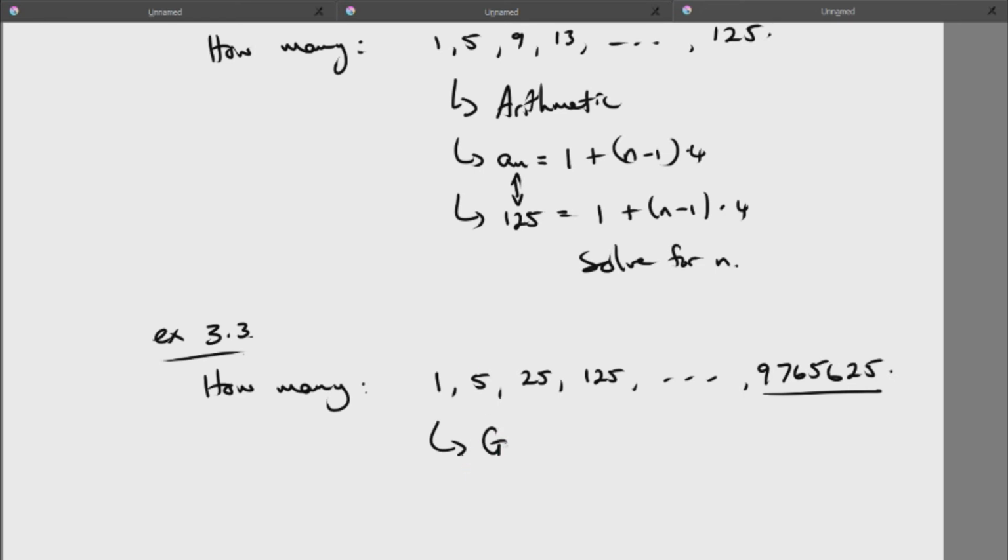Geometric sequence. So notice how we're following the same strategy. A geometric sequence has a formula, and eventually you will memorize it: the first term times the ratio to the n minus 1. Because the sequence is different, the formula is different, so I have to use an appropriate formula.